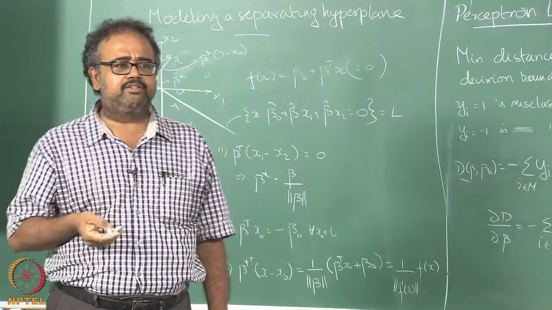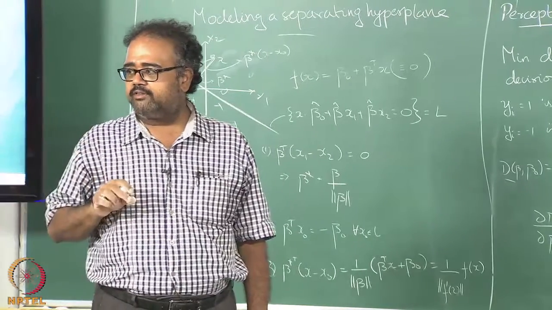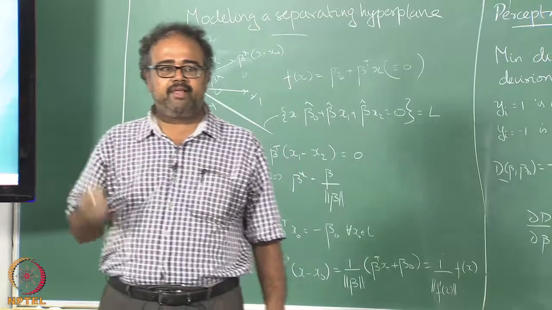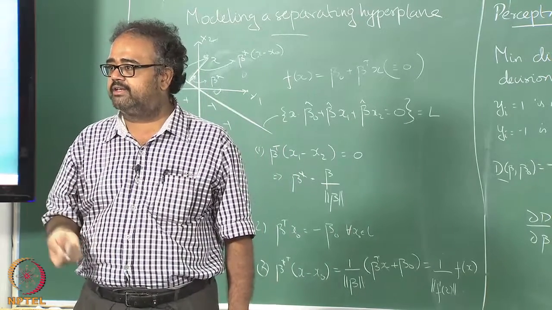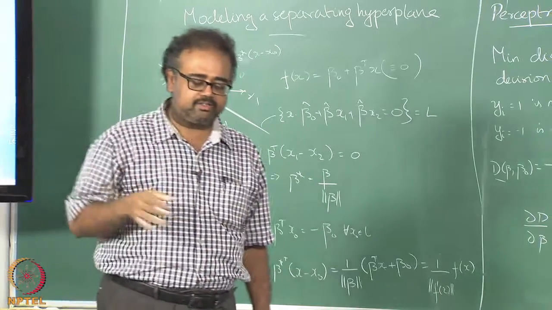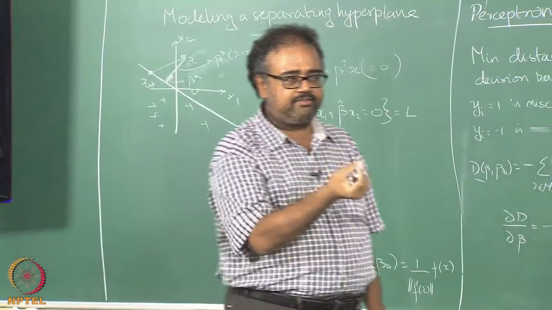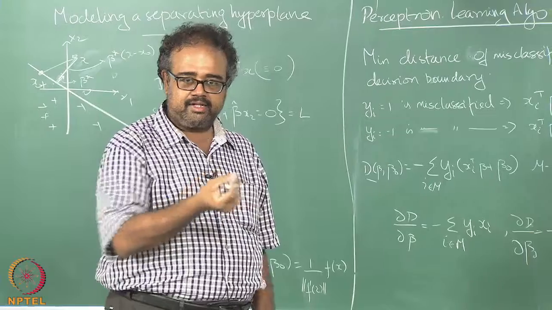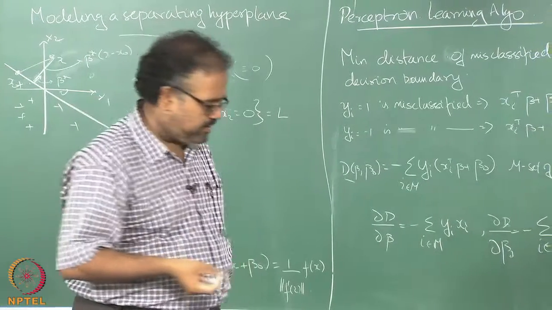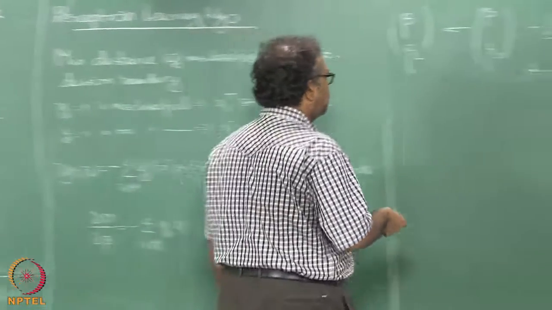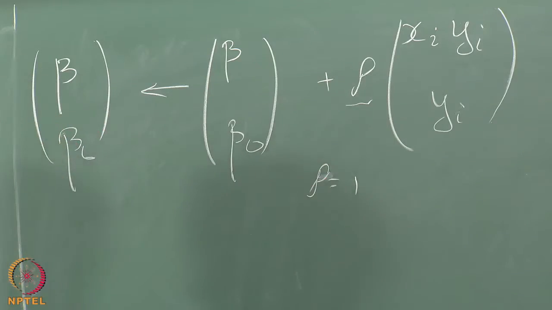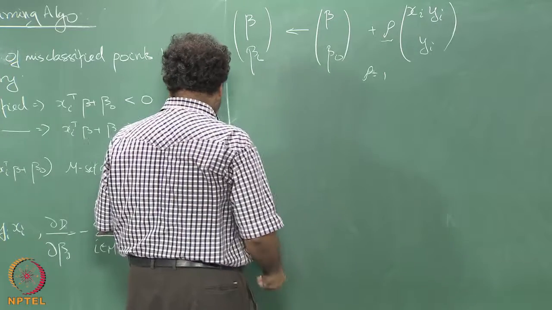But typically in stochastic gradient descent you want rho to be really small, because just like we talked about replacing expectation with an average over a region when you do nearest neighbors, at a very gross level you want to take an average of the gradient in the local region. If you move very fast then you might be in a completely wrong direction, so therefore you go slowly. Great. So this is the perceptron learning algorithm.